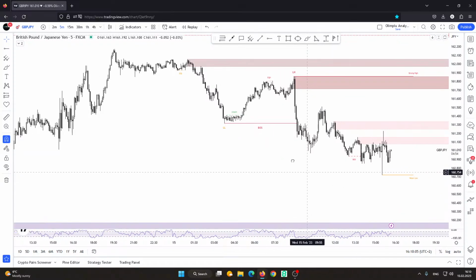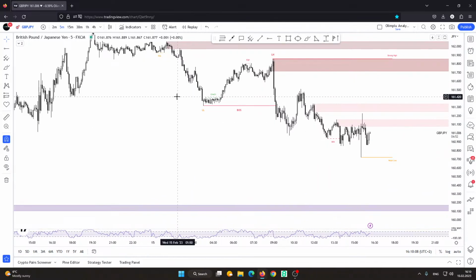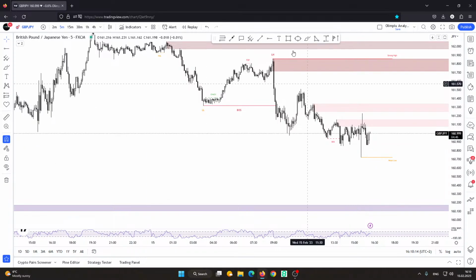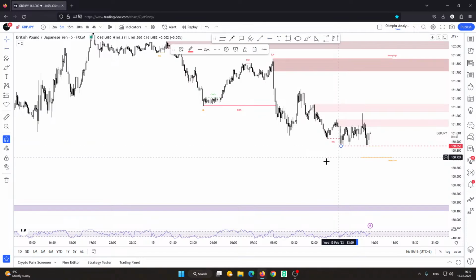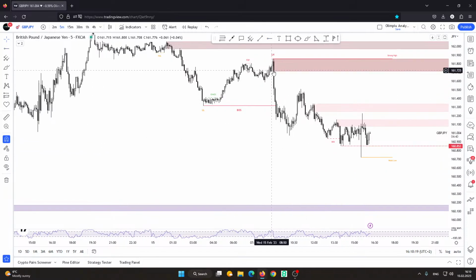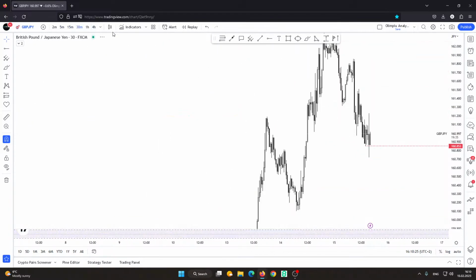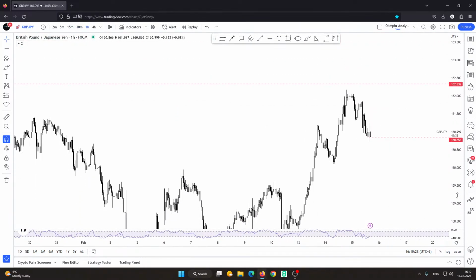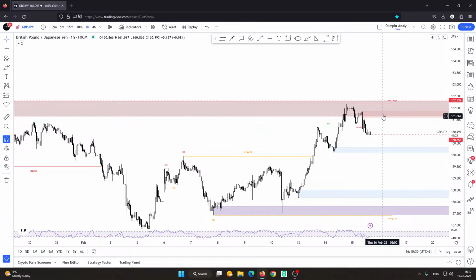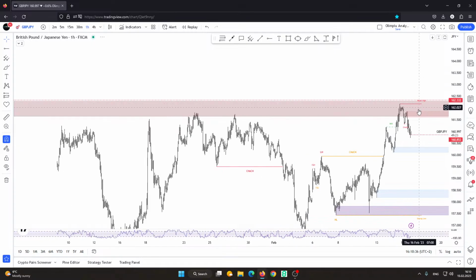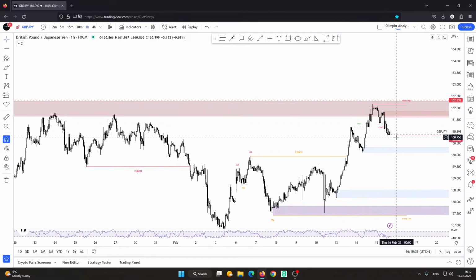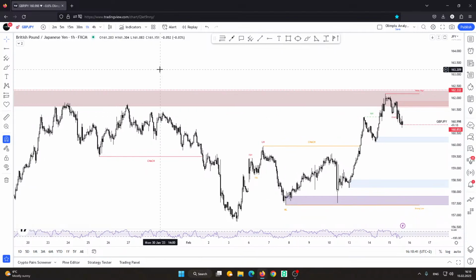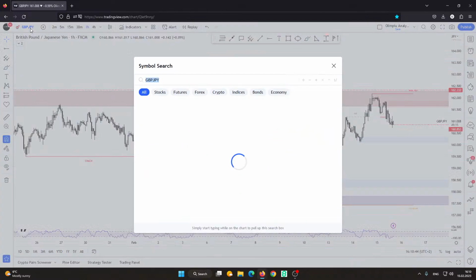Also after this maybe false breakdown, great separation below the immediate low, here maybe we had a new short opportunity, or on this retest here. But right now, and also on higher time frames, I'll wait for a rebound, for the price to come back into this supply zone, supply area, and to print a new bearish pattern. So this is my opinion about British pound Japanese yen.